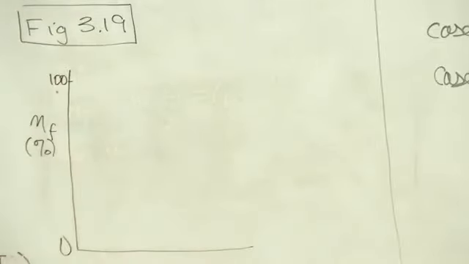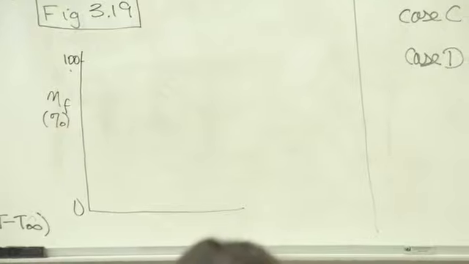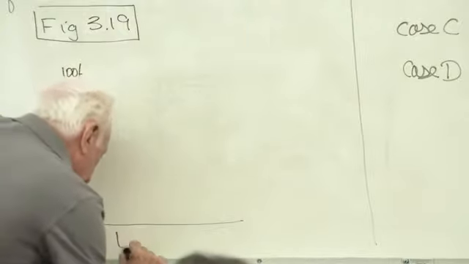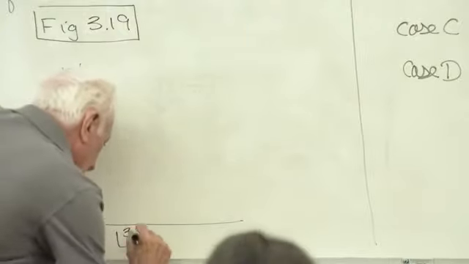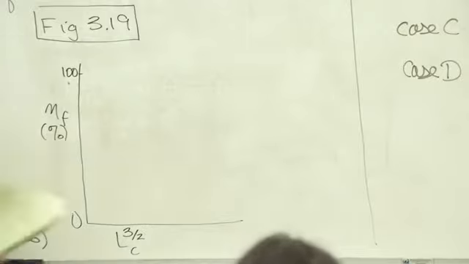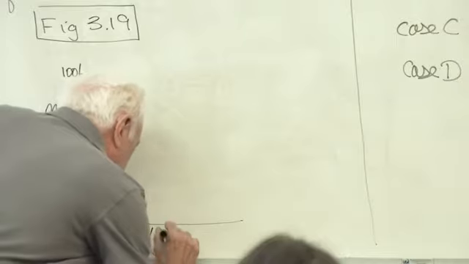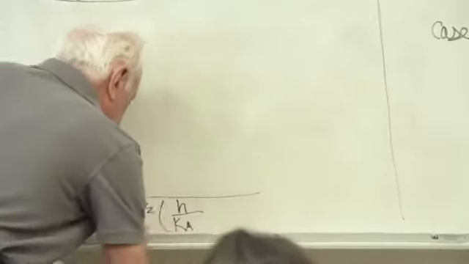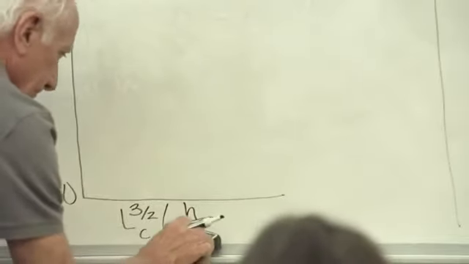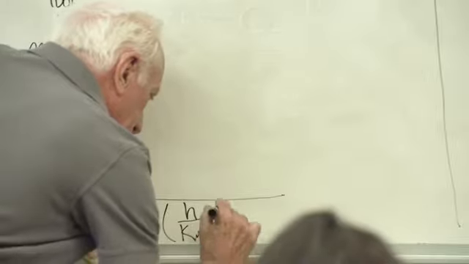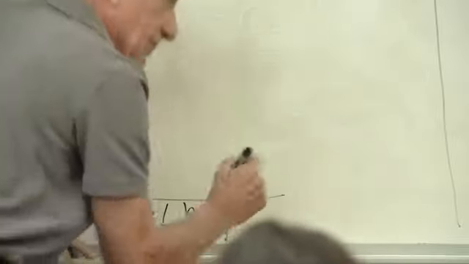And then we have the x-axis, which is rather strange: L_c to the 3/2, and then the quantity h over k A_p to the 1/2. I'll mention what that is in just a minute.